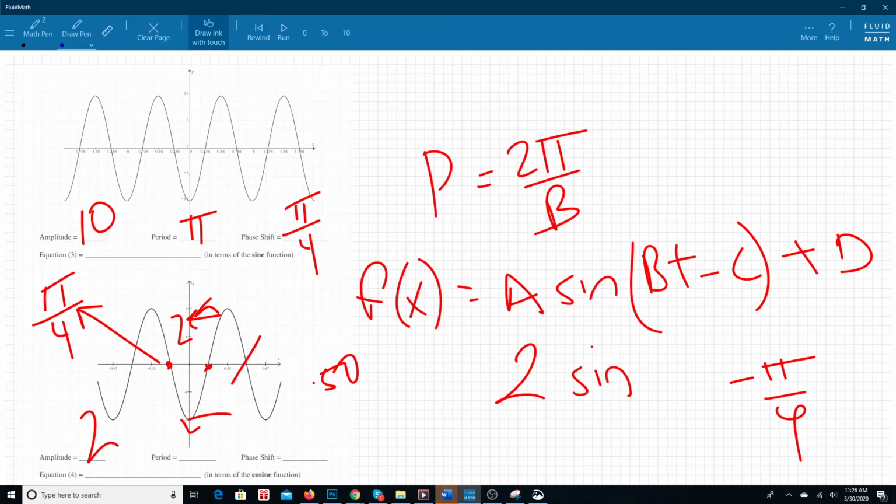This is a cosine curve, mind you. Sorry, I'm not drawing that right.